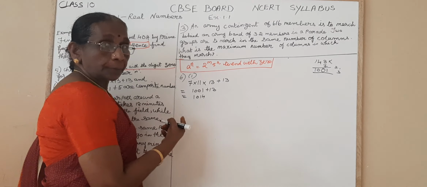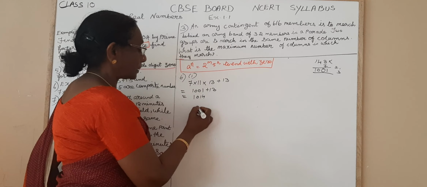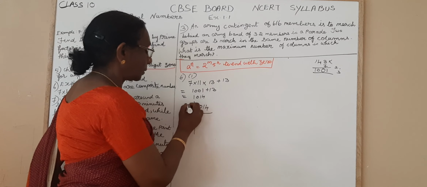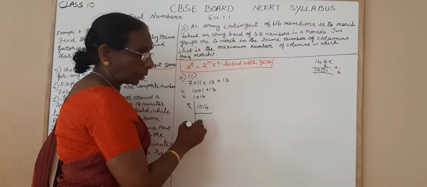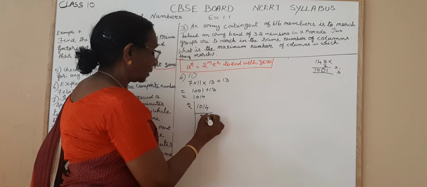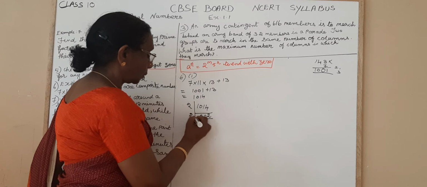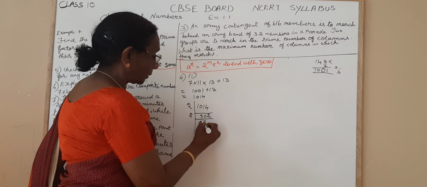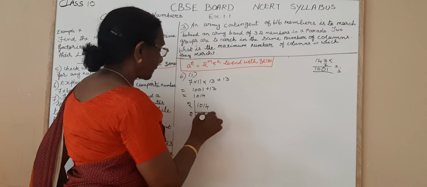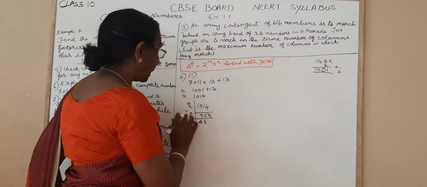Now, can we find the prime factors of this number? Yes. It is divisible by 2 because the last digit is 4. So 5 2s are 10, 0, 2 2s are 4. Again it is divisible by 2, 7 2s are 14.